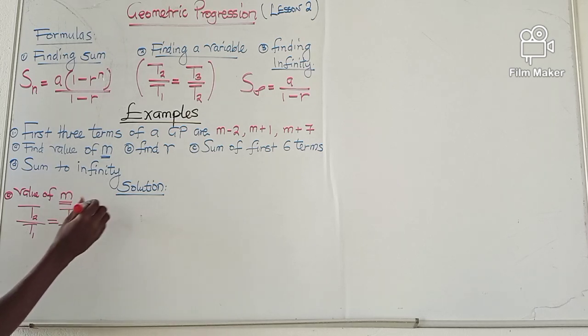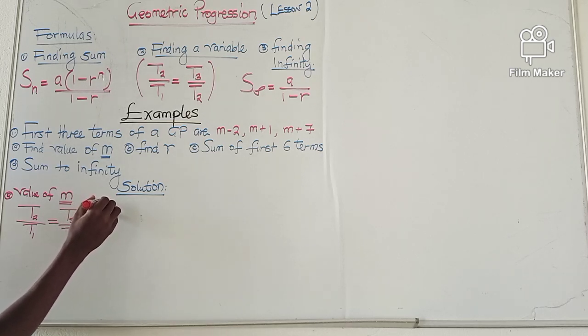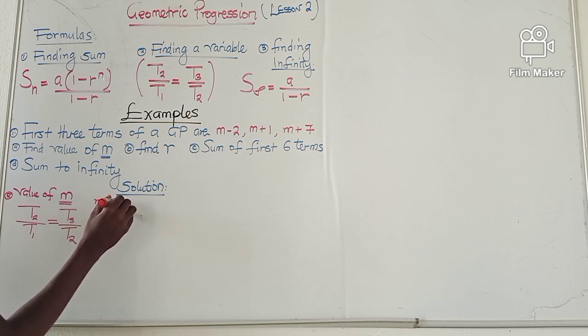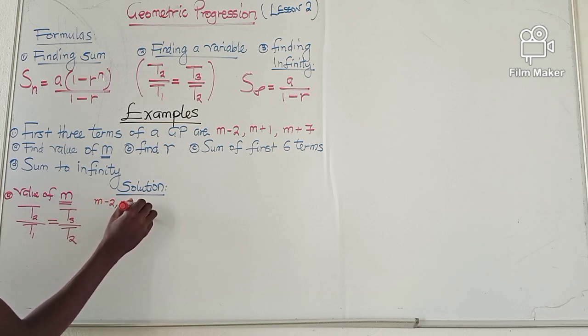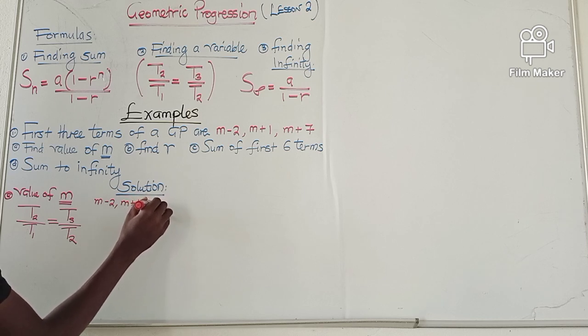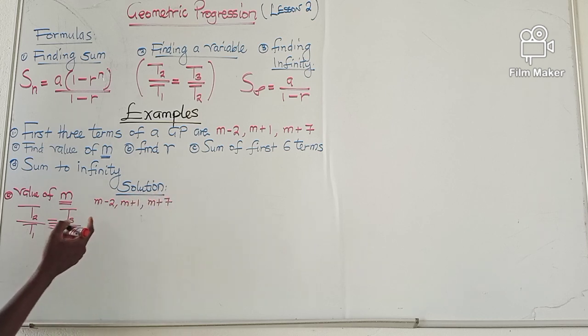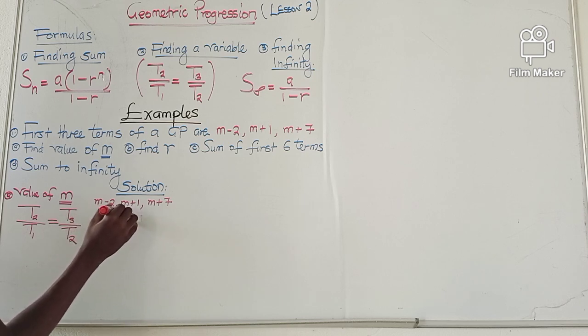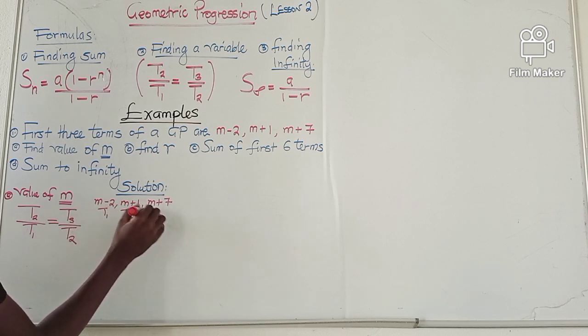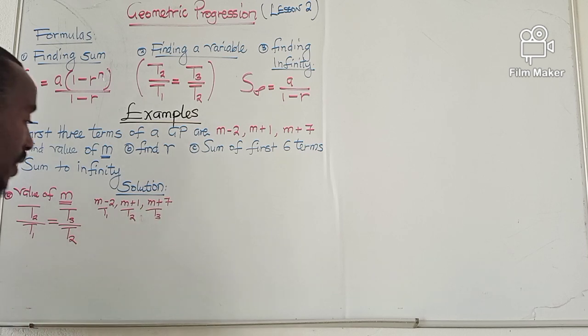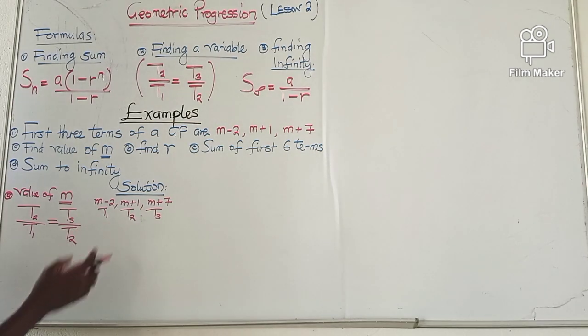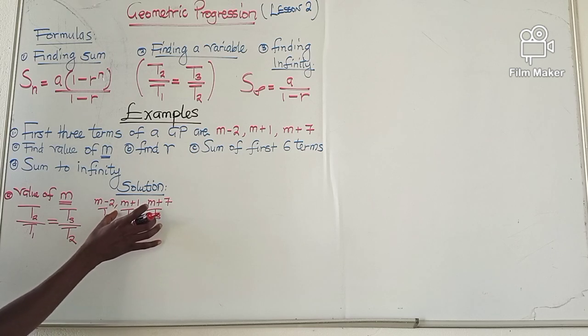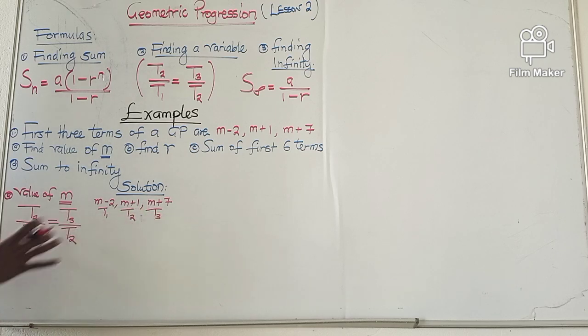We've been given m minus 2, m plus 1, and m plus 7. So this is your first term, this is your second term, and there you have your third term. All you need to do here is to replace these in your formula.